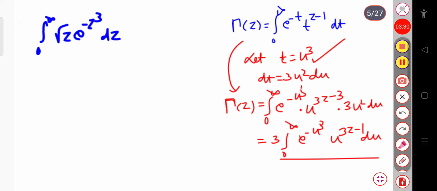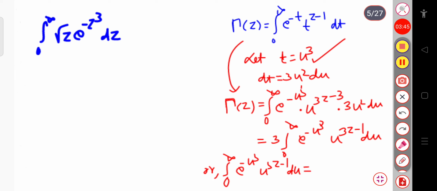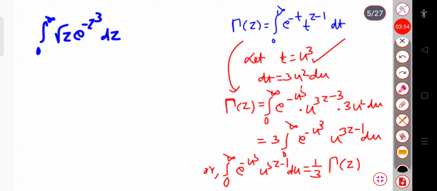So integration over 0 to infinite exponential minus u cube u power 3z minus 1 into du will be equal to 1 by 3 into gamma of z, because 3 is divided here.